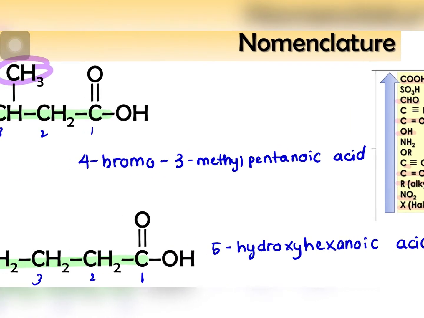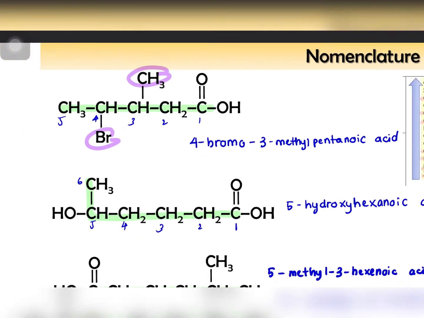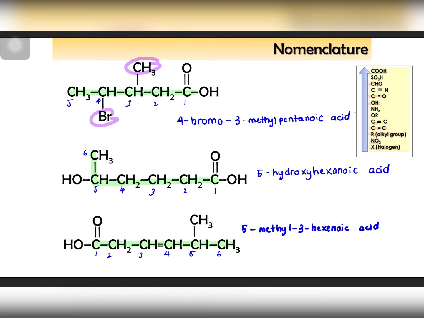So let's have a look at this example. So this is the parent chain sebab ada C double bond OOH, and this one akan jadi carbon 1. So you have 5 carbon, 1, 2, 3, 4, 5, and this methyl dengan bromo as substituent.